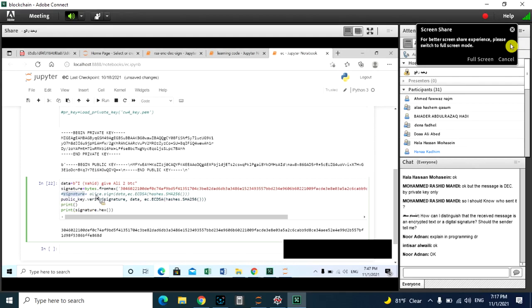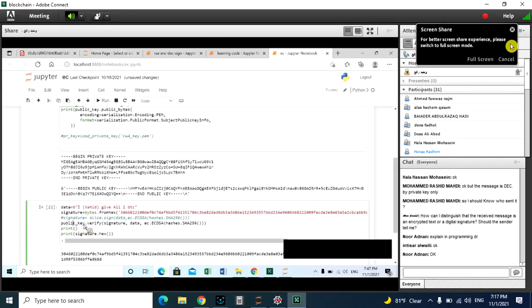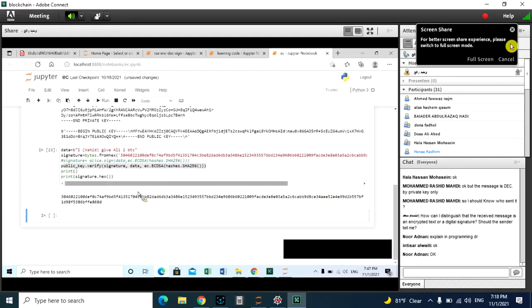Please note, for creating a signature I use the private key, but for verification I use the public key. The public key was created here in this part. So public key dot verify. I put the signature here and the data here, and this command checks. If nothing appears here, it means that everything is okay.